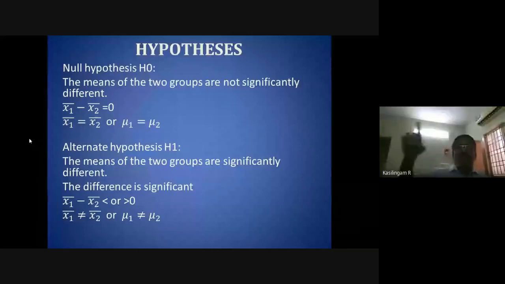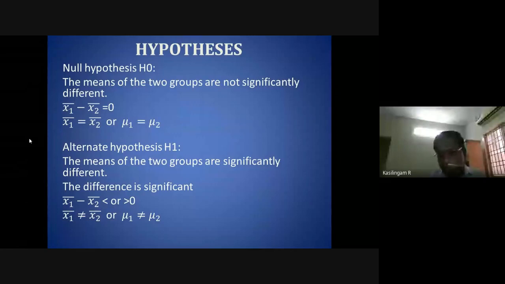Rho means population correlation. Small r means correlation in the sample. So these are the population and sample terms.